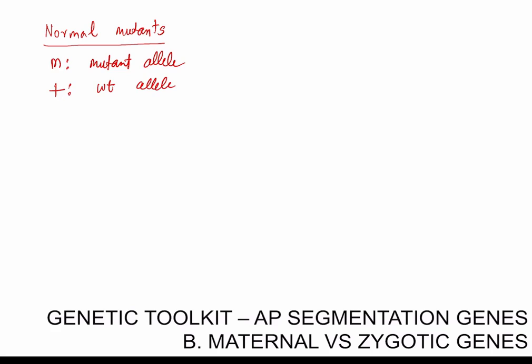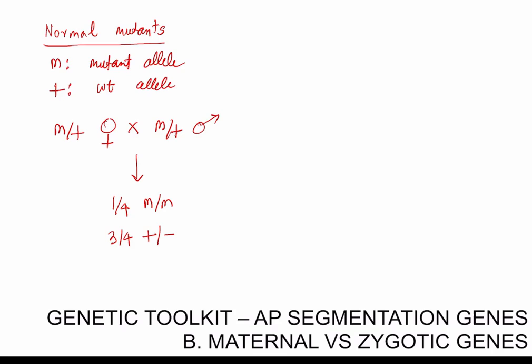Then if we take a het female and cross this to a het male, we would get a quarter homozygous for M and 3/4 having at least one wild type allele.